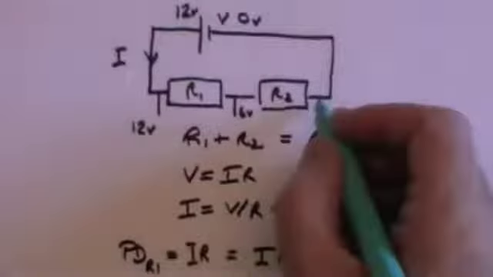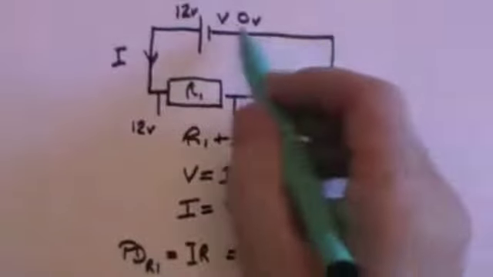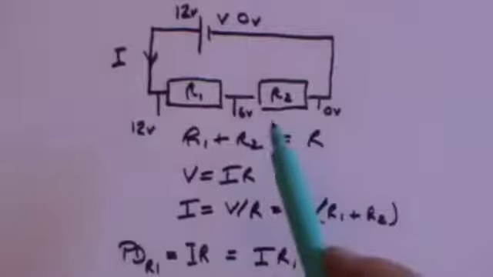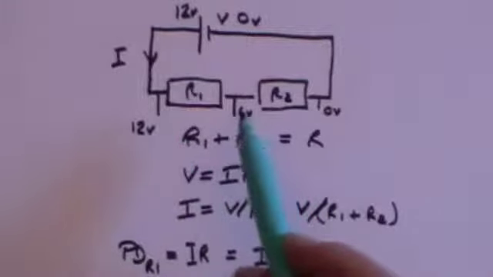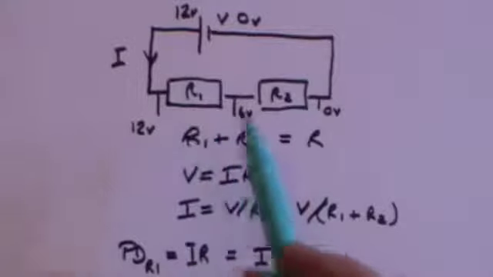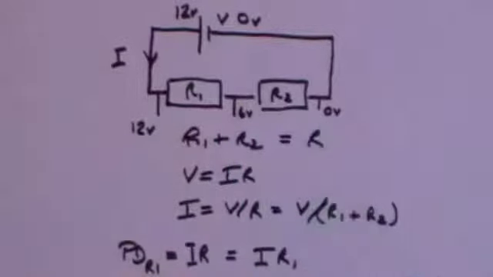So you drop from 6 volts to 0 volts, which of course is the value at this side of the battery. So you've effectively gone from 12 volts to 6 volts and then from 6 volts to 0 volts. And therefore the difference in each case is 12 minus 6, the potential difference, 6 volts. From 6 to 0, potential difference is 6 volts.